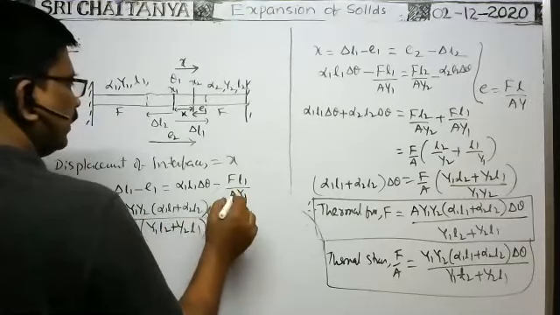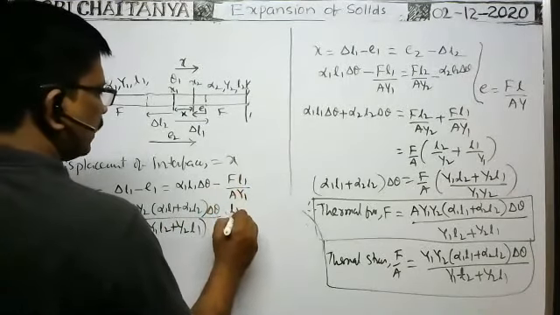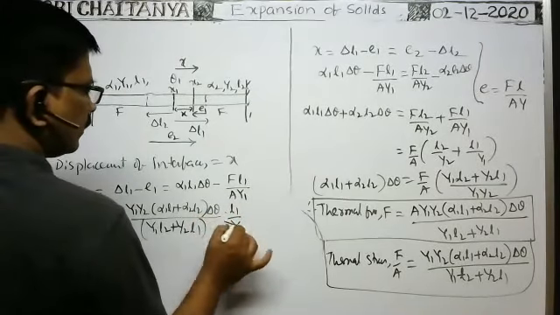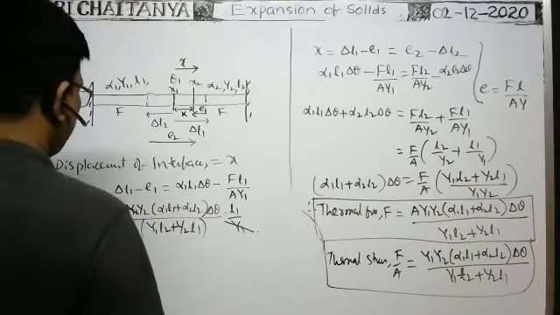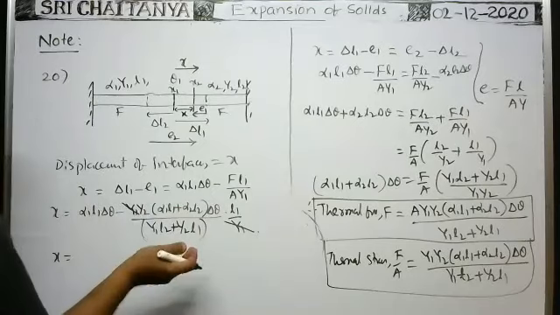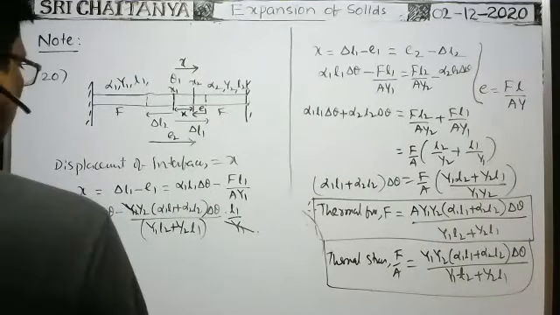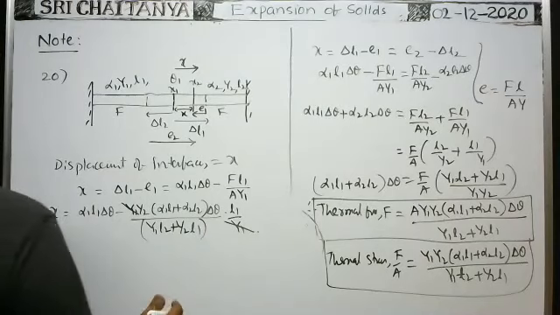It is F by A into L1 by Y1, right? Y1 can be cancelled. Then do cross multiplication and simplify them. After simplification, whatever value you get, I am writing that formula directly.